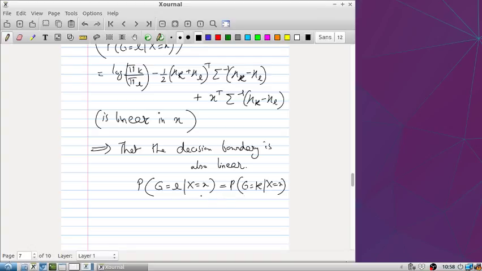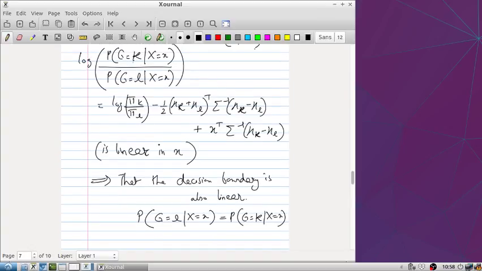If this is true, then the right hand side term is the log of two things which are equal, and log 1 is 0. And 0 equal to some linear function of x is a line in 2 dimensions. In higher dimensions, it's a plane. What I'm saying is the decision boundary is linear because the decision boundary is exactly when this happens for a couple of classes.